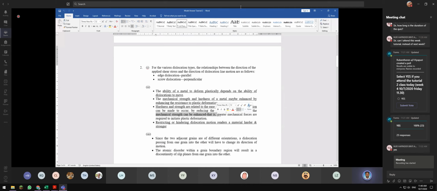That is, greater mechanical forces are required to initiate plastic deformation. So if you have high hardness and high strength, you need more energy, you need more shear to initiate plastic deformation. Eventually, plastic deformation will take place for any material. That's the law, provided that the force given to shear is greater than the holding energy.